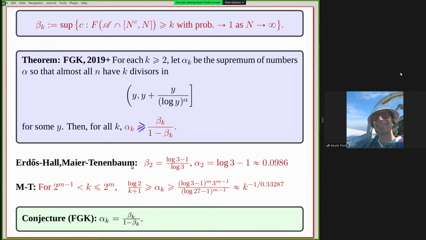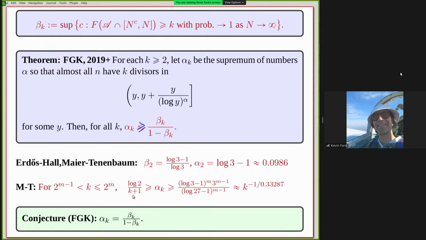So what was known before? Well, essentially from the Maier-Tenenbaum analysis, you can get an exact value of beta 2. In fact, what they proved was an exact value for alpha 2. So alpha 2 is this number involving the log 3, which is no real mystery where the log 3 comes from. For larger k, again, the Maier-Tenenbaum work implies these bounds. And now they're a little complicated.